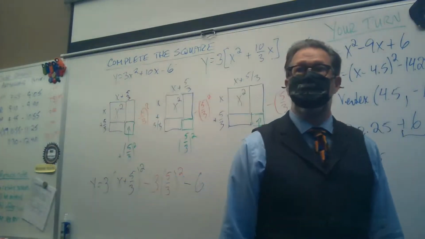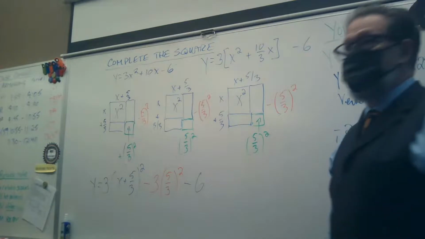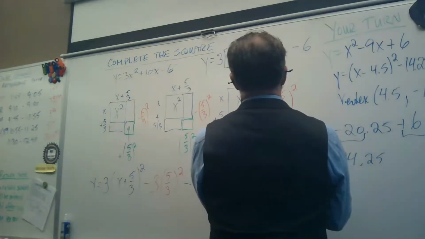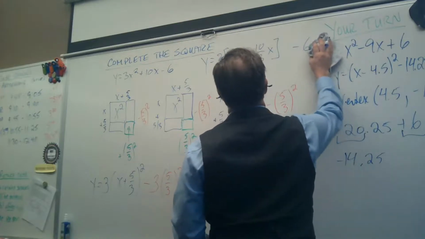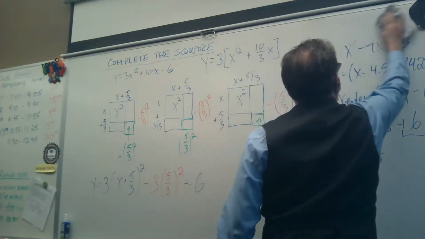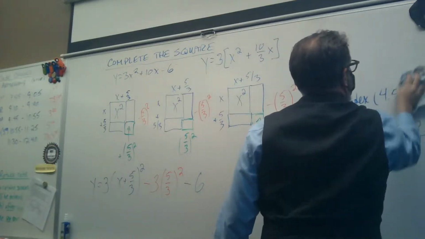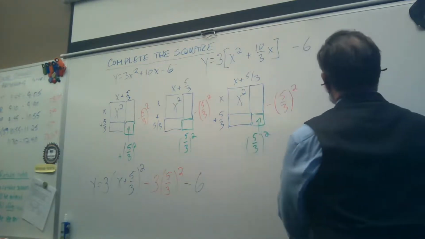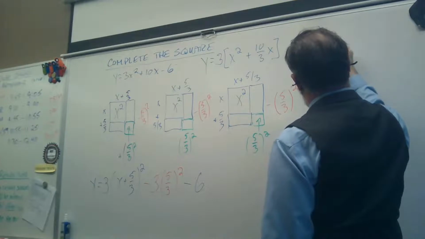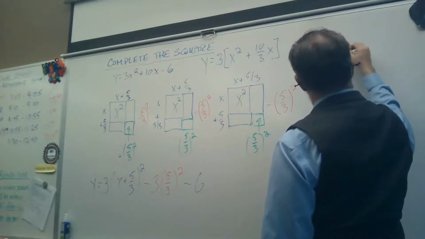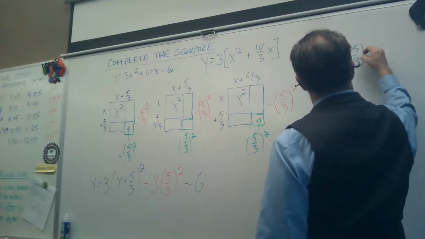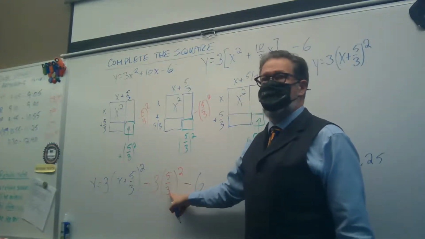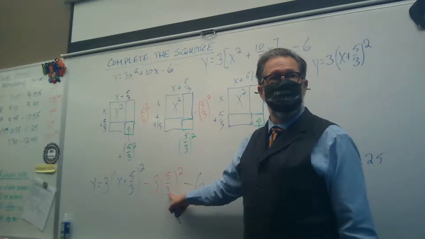But what else do I have? Stretch factor. So what I now have is, and I'm going to write this up here for the benefit of people who are directly behind my computer screen. I've got y equals 3 parentheses x plus 5/3 squared. That's 25/9. Agreed?